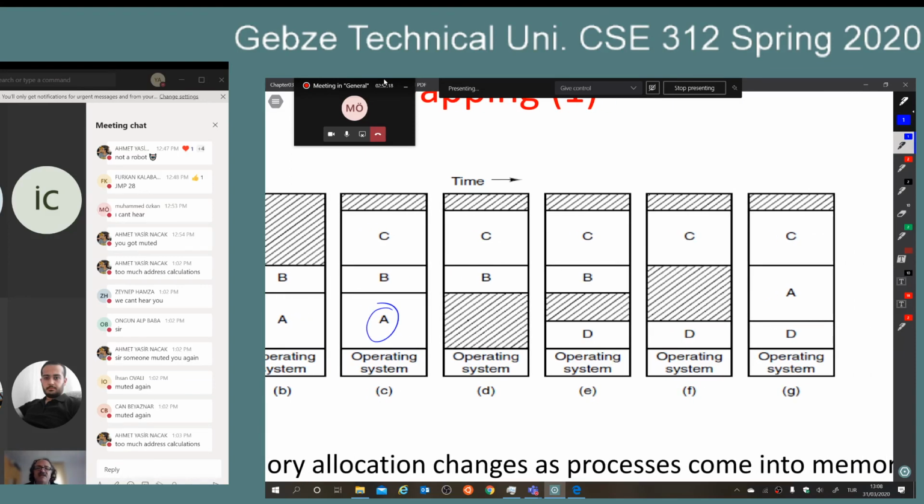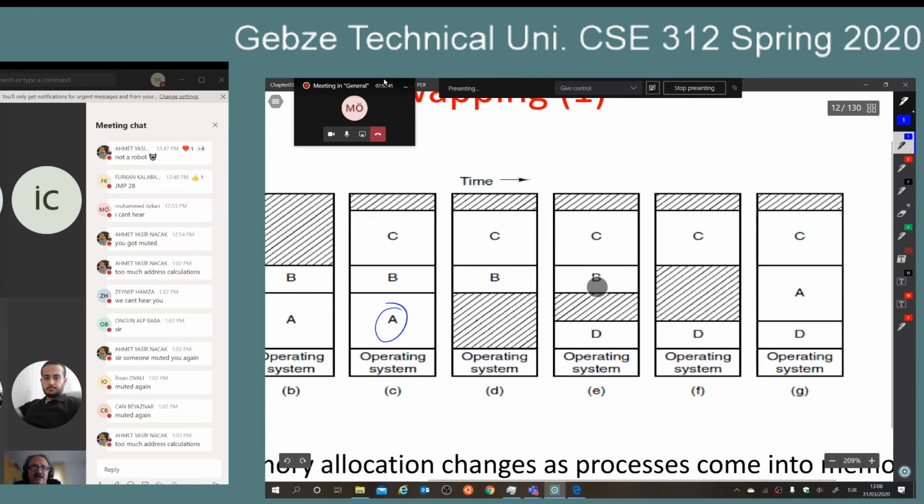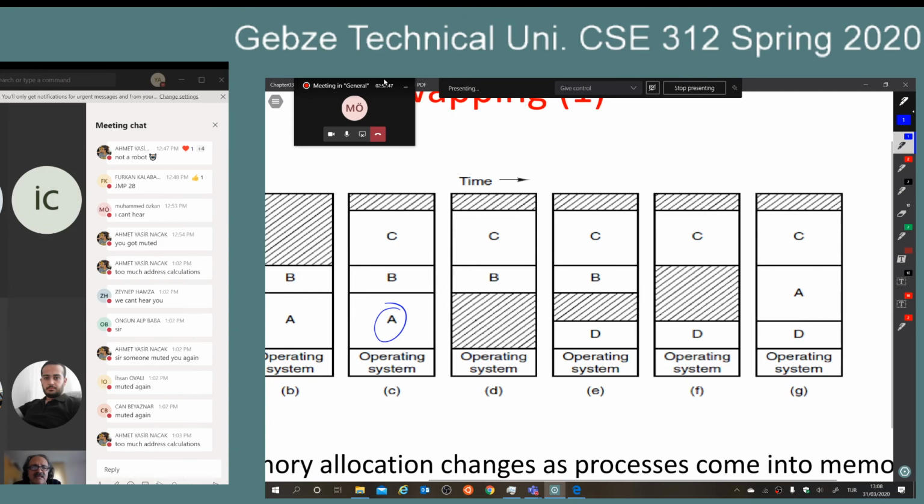And then if I need program A again, even though I have enough space for program A, because if I add this part with this part, the space is enough, but I cannot load it because I need this contiguous space. So unfortunately, I am swapping out B to the disk again. Space is enough. I am loading A again.